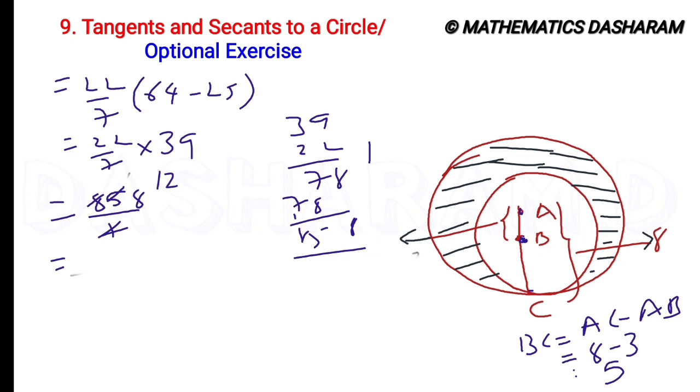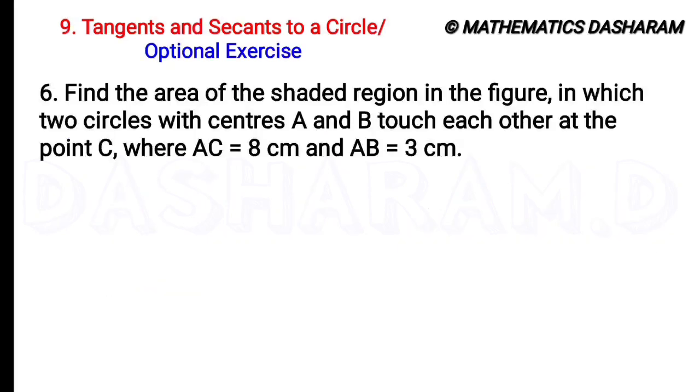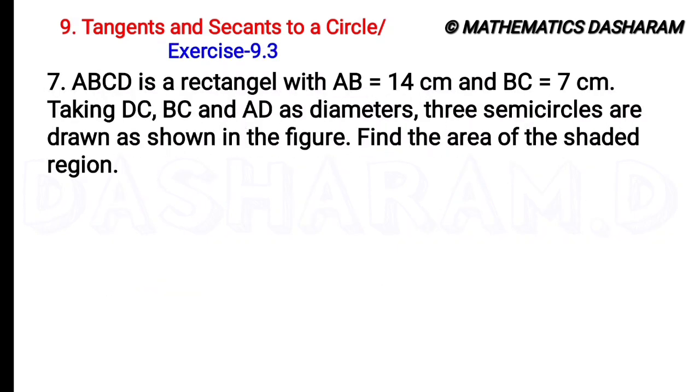Again 1 remainder, 7 twos are 14. 4 remainder, put a decimal point and next digit 0. 7 fives are 35. So the answer is 122.5 centimeter square.